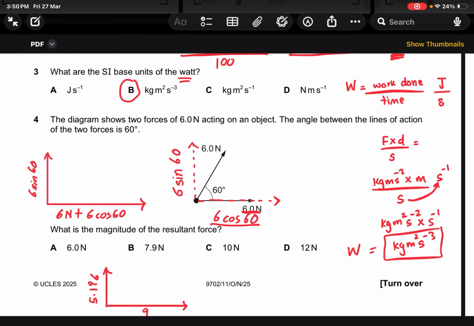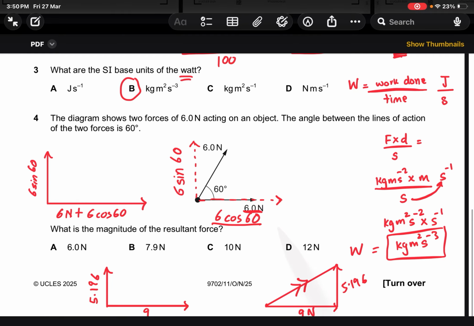If I arrange it in the head to tail method, this force is 9 newtons, and from the head of this I draw the other force, which is 5.196. The resultant is from the tail of my first vector to the head of my second vector.